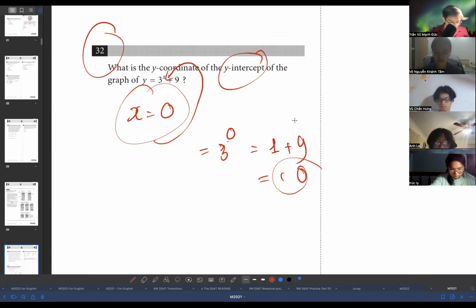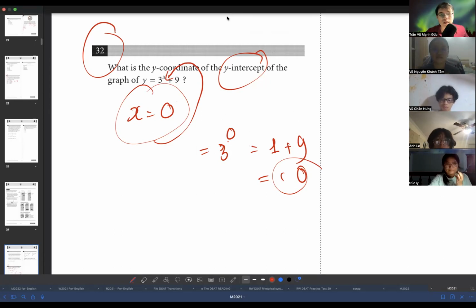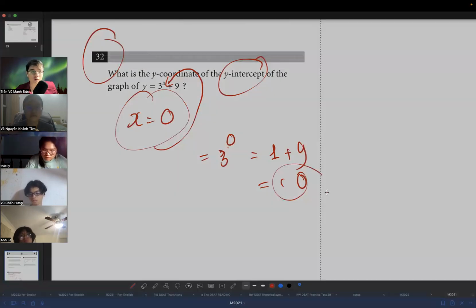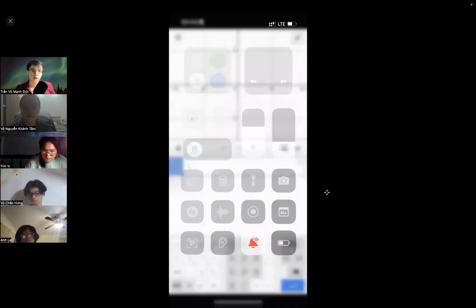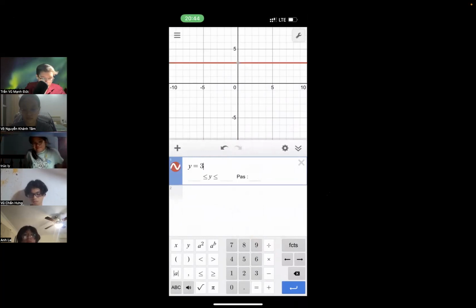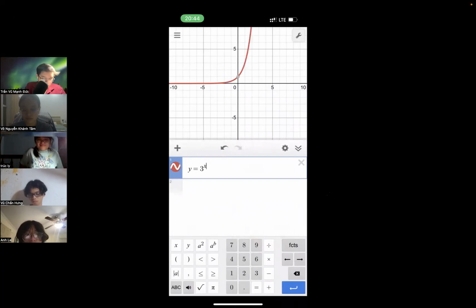Hang on a sec. Let me just screen share the entire desktop. Some would result in using Desmos. So you can use the graph if you don't really know what you're doing, but it would take a bit of time. And this will be the interface as you've seen already. Y equals 3 to the power of x plus 9.